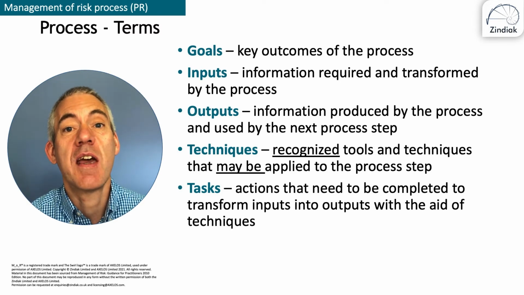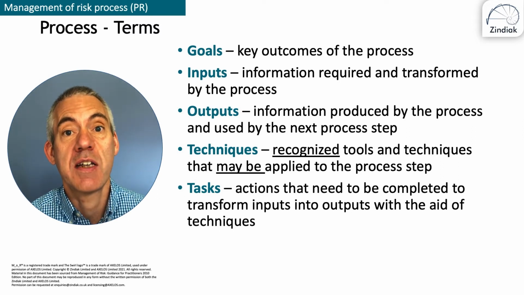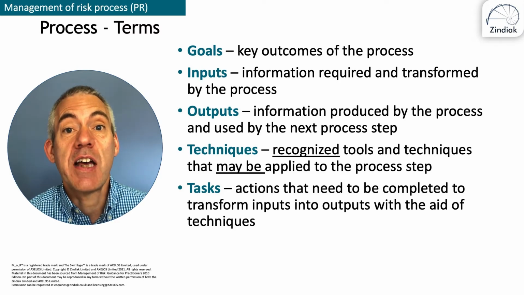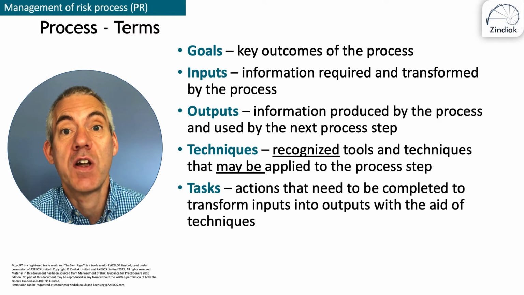The next term is inputs, which is information required and transformed by the process. So what information do we take in and how is it transformed. So for the assess risks process, we clearly need the list of identified risks, and that list will be transformed because we will be putting more information on it and we will be prioritizing it.